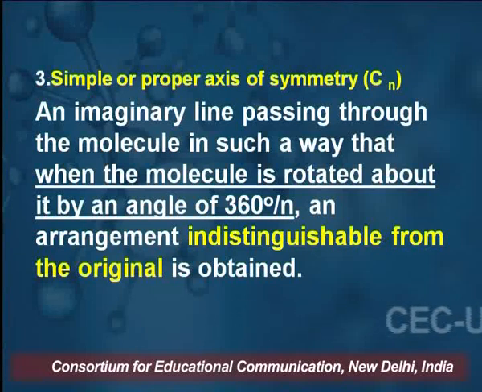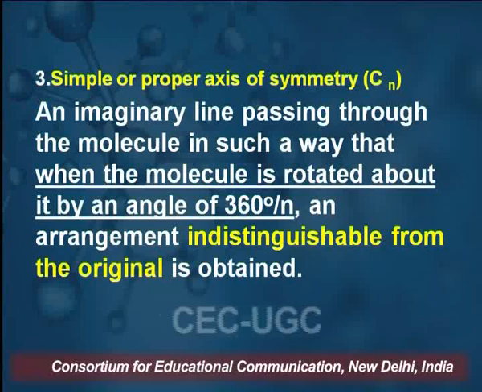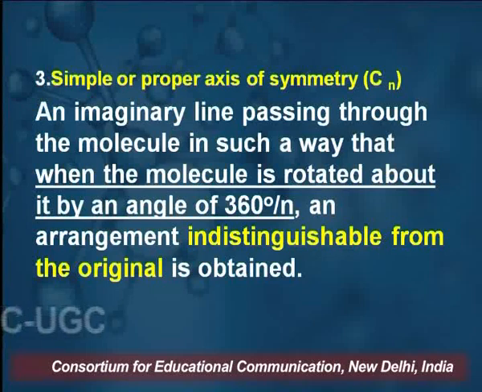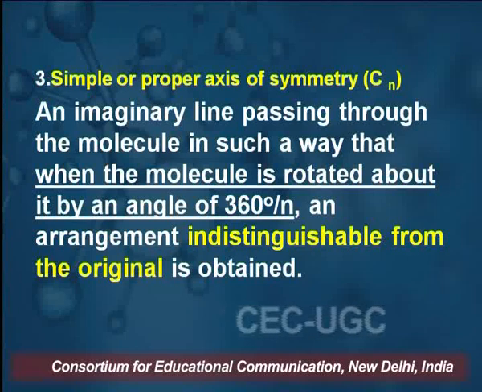So what is the symmetry operation that we are carrying out here? It is the rotation. That is, when we rotate the molecule, it will change into another structure which is indistinguishable from the original.